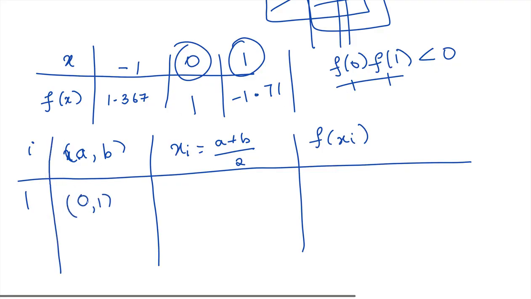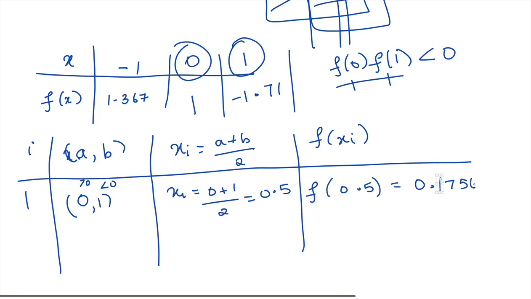Okay, so this was giving us greater than 0 and this was giving us less than 0. And now what is xi? 0 plus 1 by 2, right? Xi is 0 plus 1 by 2, which is 0.5. Now what is f of 0.5? It's 0.1756, which is greater than 0.